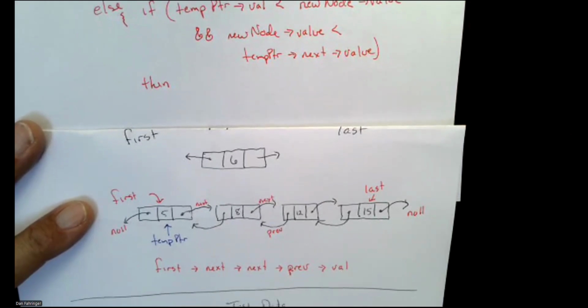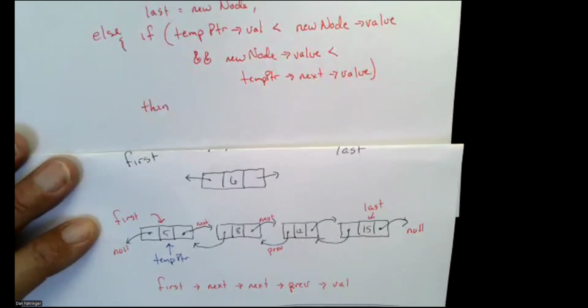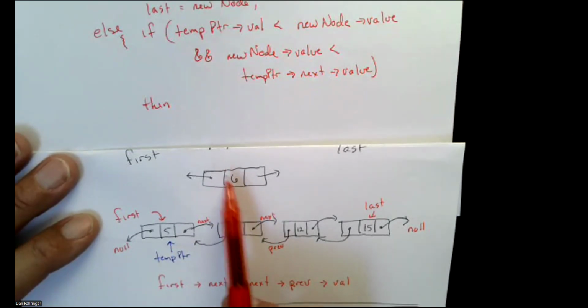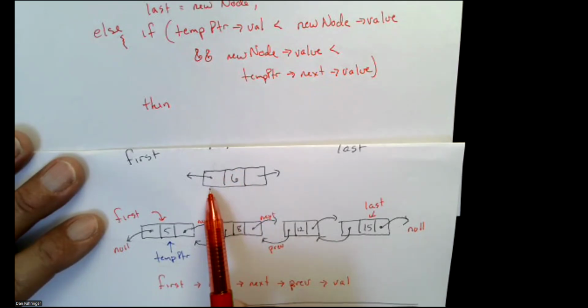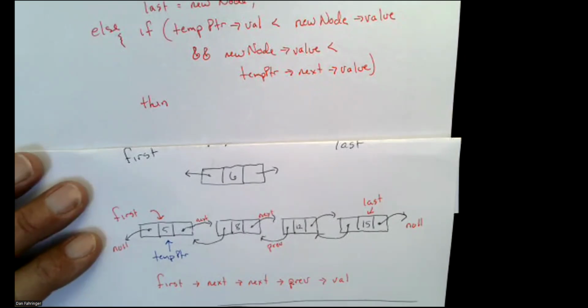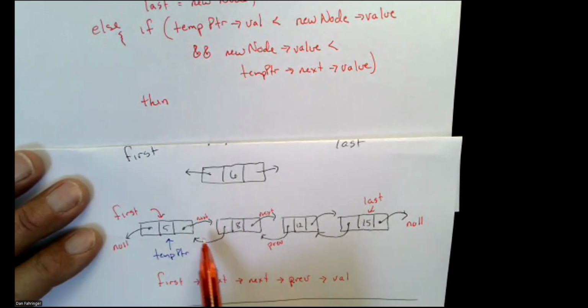So I'm looking for 4 statements. And the order's going to matter. Because right now, temp pointer is here, and that's all I know. I know new node's prev, and I know new node's next. I don't want to lose this disconnect.